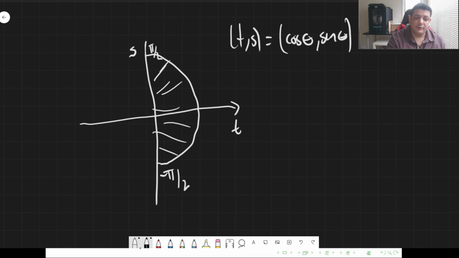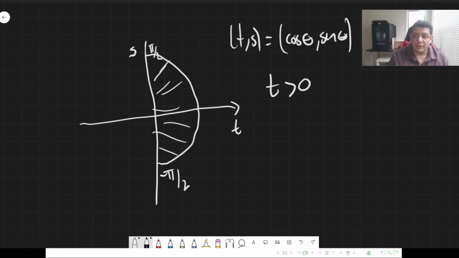In this situation, in particular, we're just working with t that is positive. Notice that t here is positive, and s, which is the axis here, is moving from negative to positive, but we care about this. t is the cosine, and in this case it is going to be positive.